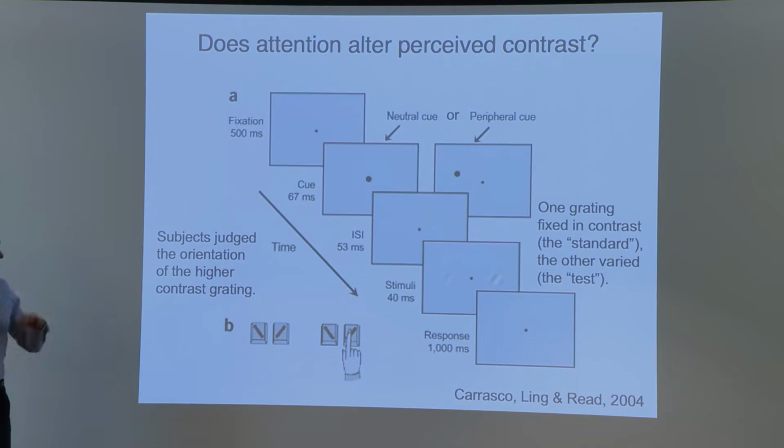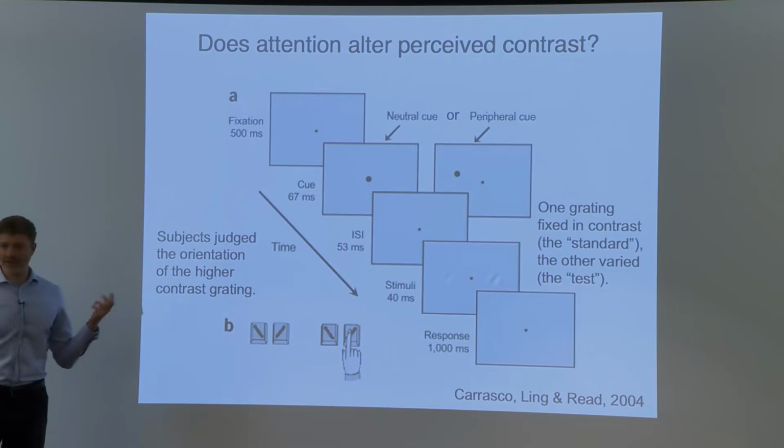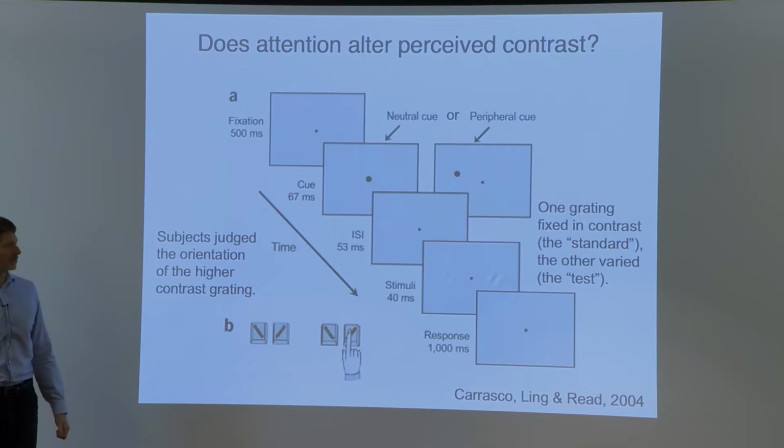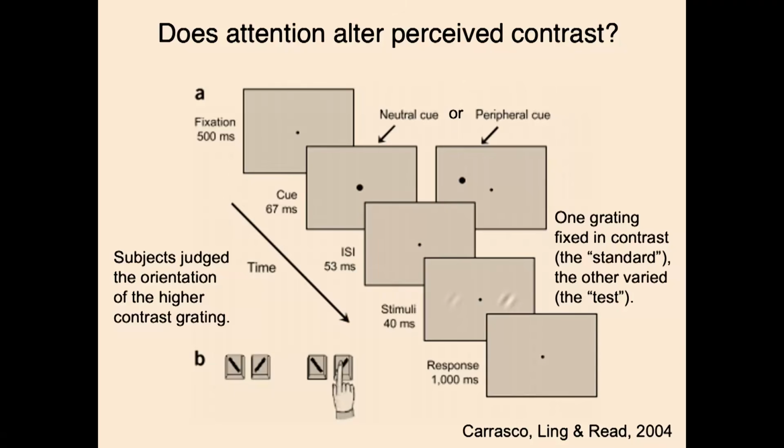Here, they're not actually interested in the judgments of orientation. The orientation judgment is just a way to get people to report the thing that's higher contrast without explicitly getting them to make a contrast judgment. In this case, one grating is fixed in contrast, which is called the standard, and the other is varied across trials.